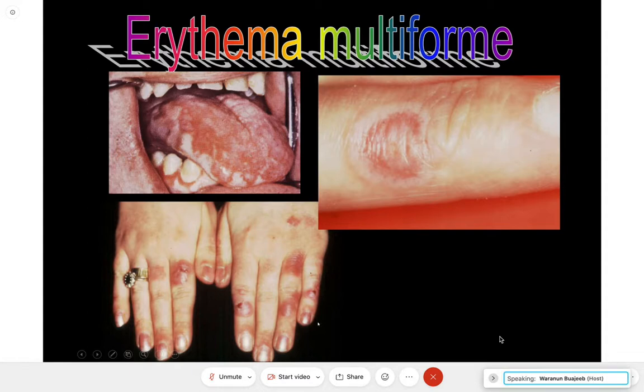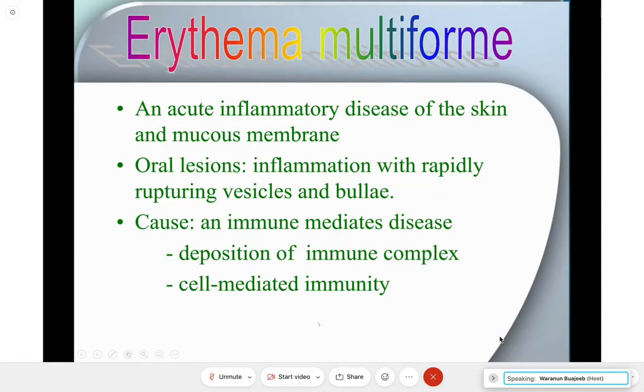So this is an acute inflammatory disease of the skin and mucous membrane. The lesion can occur on both skin and oral cavity. And in the oral cavity, the systemic condition and oral lesion occur at the same time. It is caused by immune complex and also related to cell-mediated immunity.